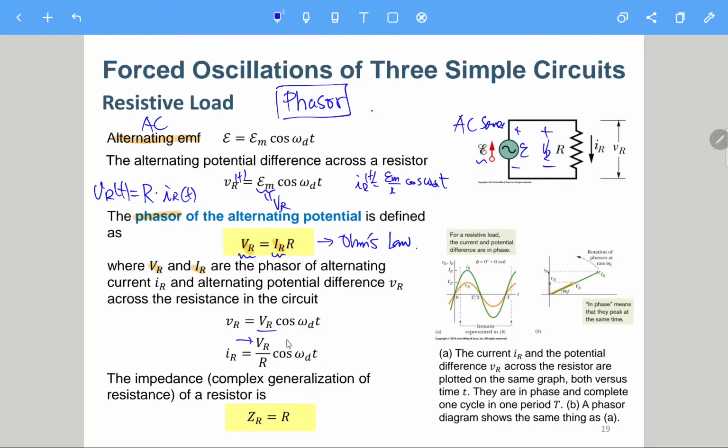And here we will define that Z_R is actually R. Z_R is called the impedance, which is the complex generalization of the resistance. In Chinese it is called 阻抗. And of course resistance is 电阻.